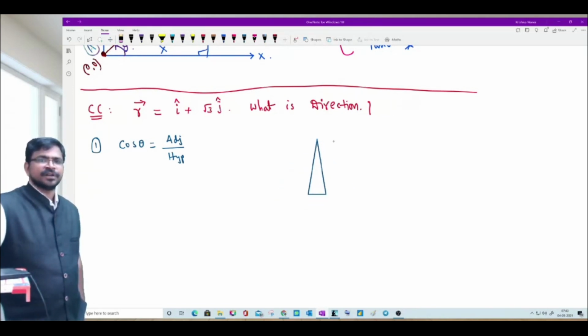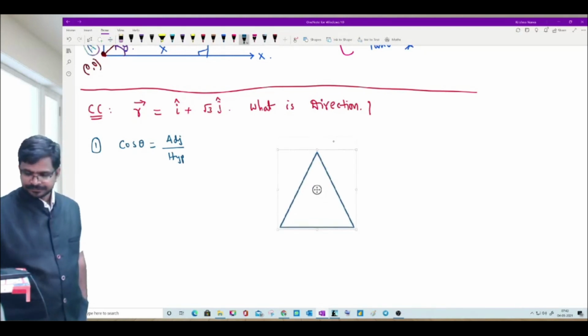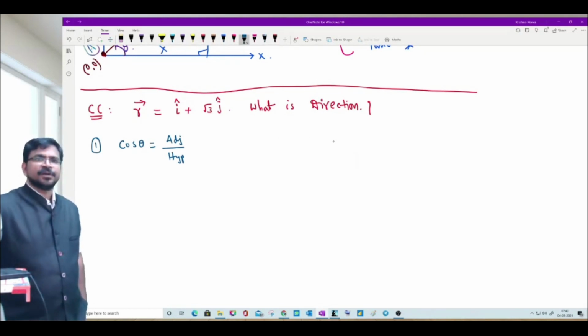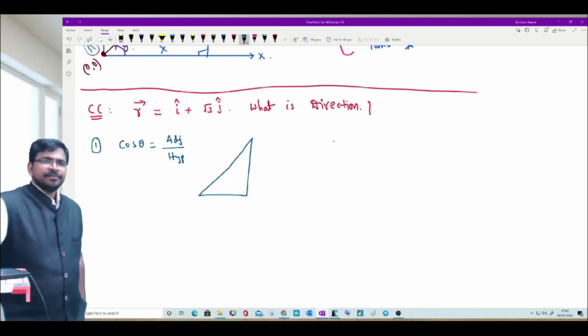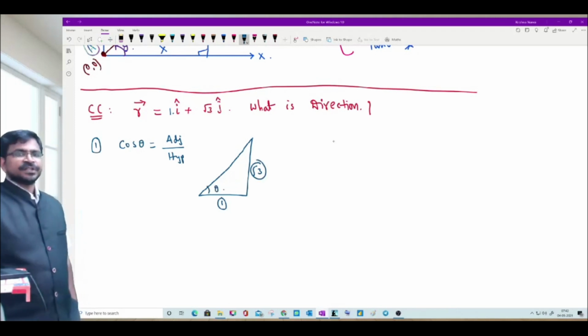I means 1 into i. So this is 1 and this is root 3. Okay, this is it. So cos theta means what?